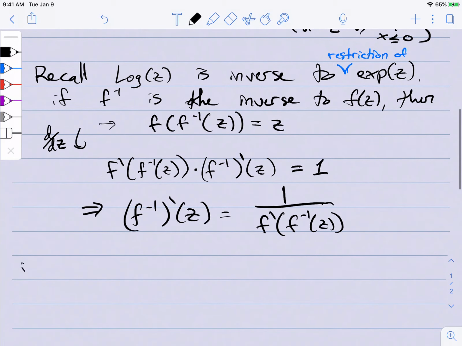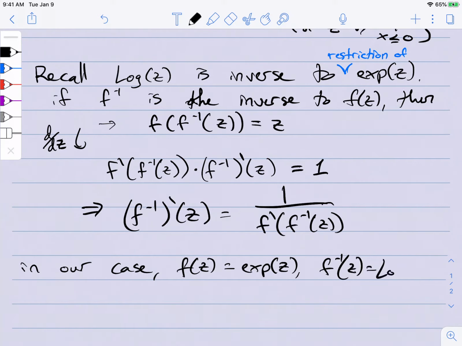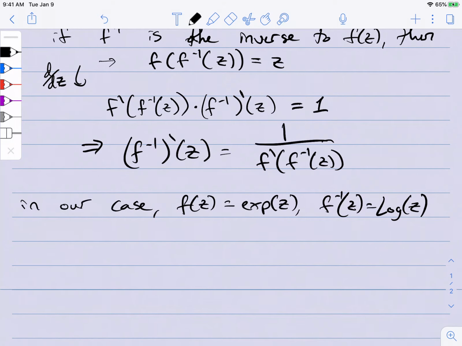Okay, and so in our case, f of z is equal to the exponential function. f inverse of z is our principal logarithm. And so this will allow us to calculate the derivative of log z. All we need to do is find the derivative of f, but we know that f prime of z, the derivative of exponential, is exponential, so it doesn't change.